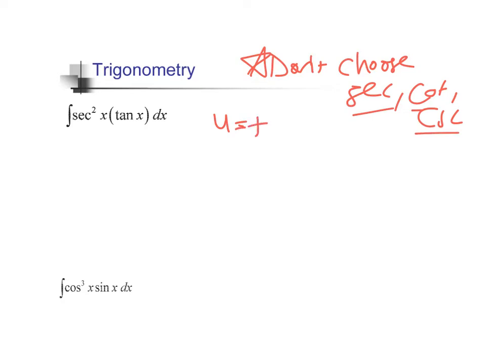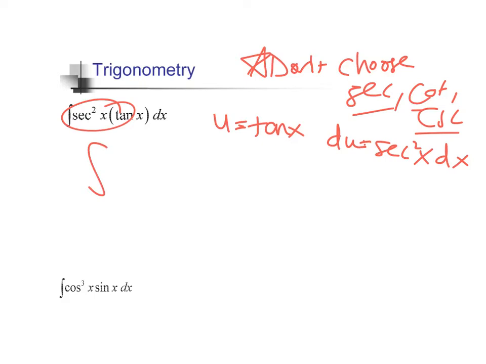So in this case, u is tan of x, because du, the derivative of tangent, is literally secant squared. And notice that that is right there. So the nice thing is that we're just literally integrating u du.